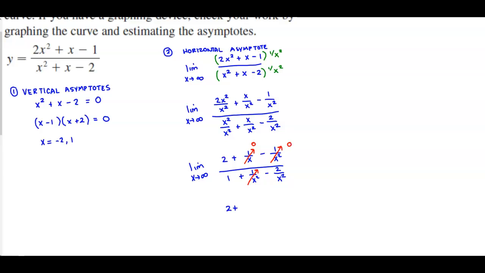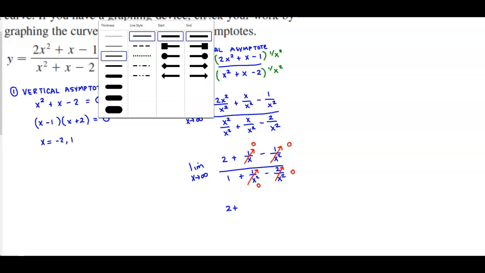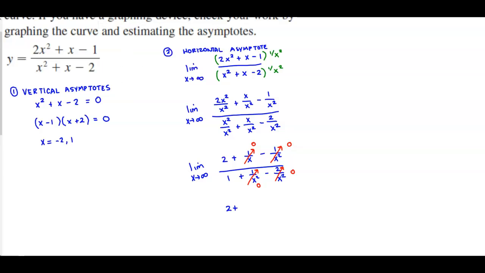Over here, this also gives us 0, and the same for this one. So what we end up with is 2 plus 0 minus 0 over 1 plus 0 minus 0, which is equal to 2 over 1, which is equal to 2. So therefore, that tells us that the horizontal asymptote is at y equals 2.